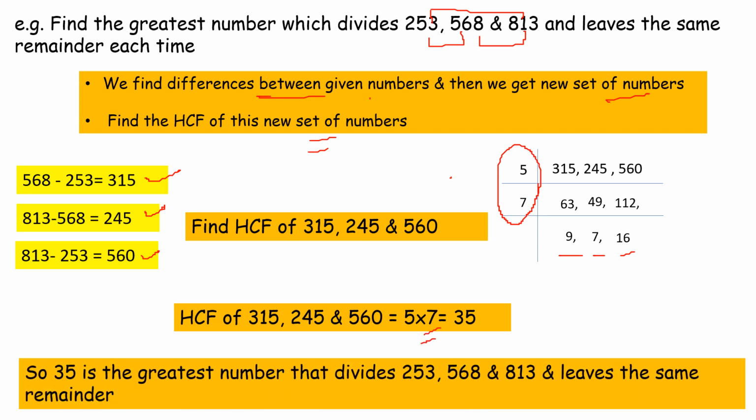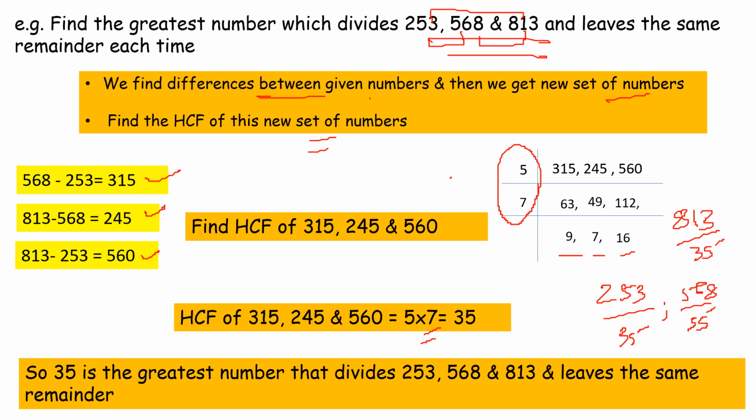So what it means is that 35 is the greatest number that will divide the given set of numbers and leave the same remainder. That means if you divide 253 by 35, 568 by 35 and 813 by 35, you will get the same remainder. Do try for yourself.